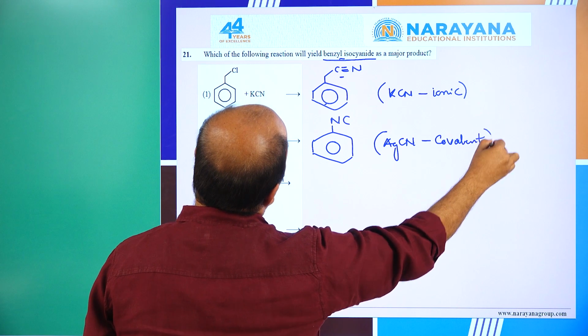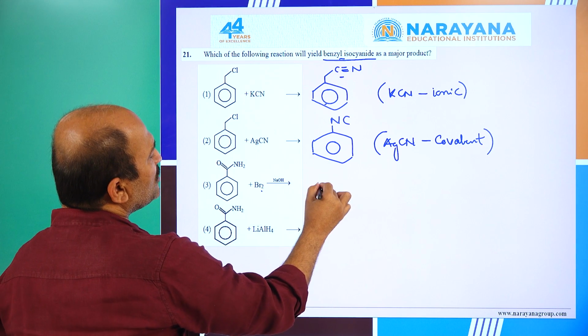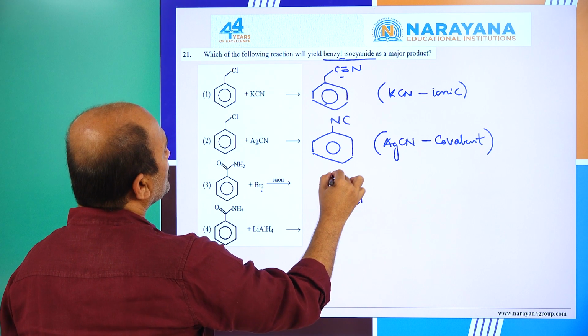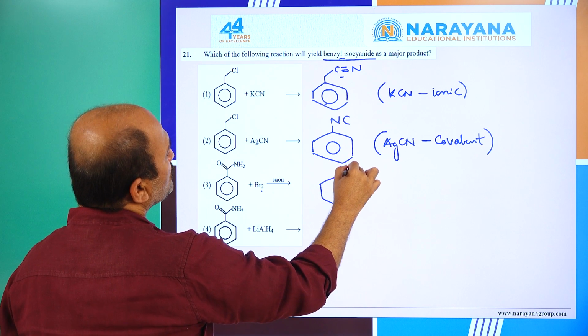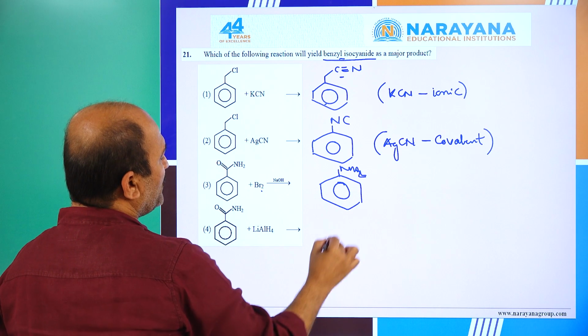AgCN is covalent, right? And it is a Hofmann bromamide reaction. We are getting the product NH2, and the last one is benzylamine.